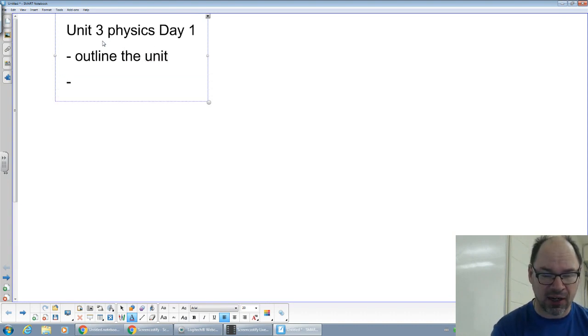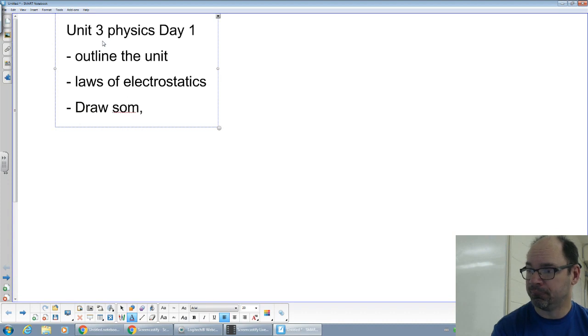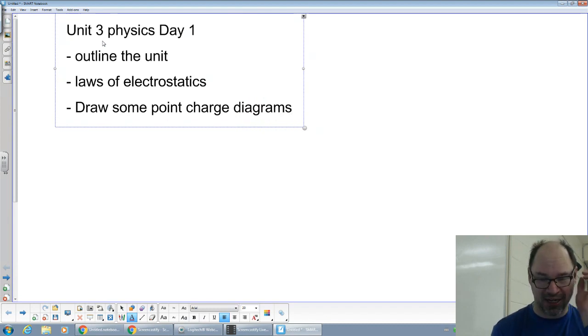And then we're going to be looking at electrostatics, the laws of electrostatics, and we're going to be looking at drawing some point charge diagrams. That's probably all we'll do today for the first day in the unit.